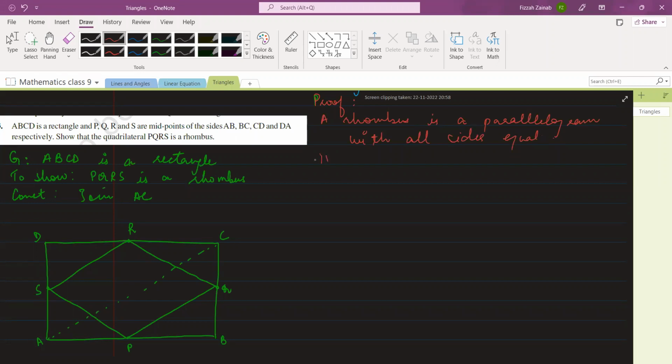So here basically the first step is to show that PQRS is a parallelogram, and the second step is to show that all the sides are equal, right?